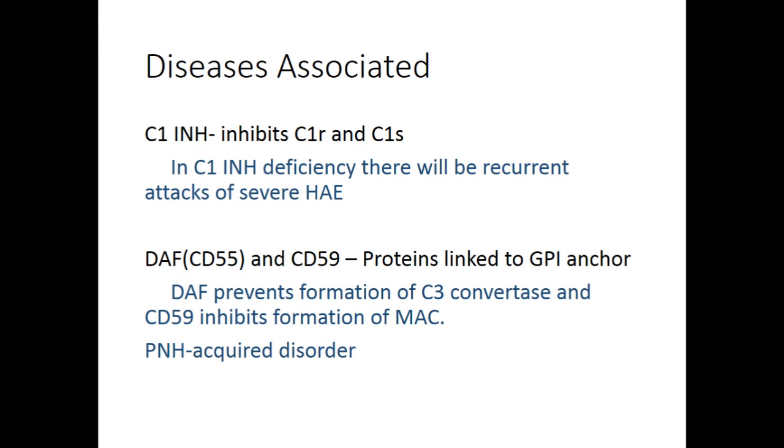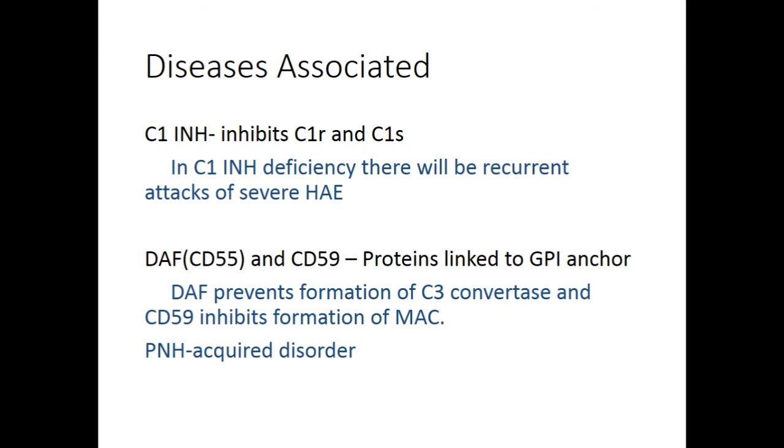Now CD55 and CD59, of which CD55 is also called decay activating factor. These are proteins that are linked to the GPI anchor. The GPI anchor is a protein that links to the surface of the RBCs, and to this GPI anchor, CD55 and CD59 are attached. The decay activating factor CD55 prevents the formation of C3 convertase.